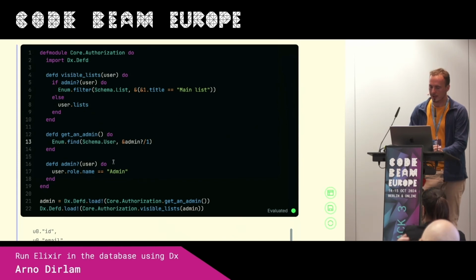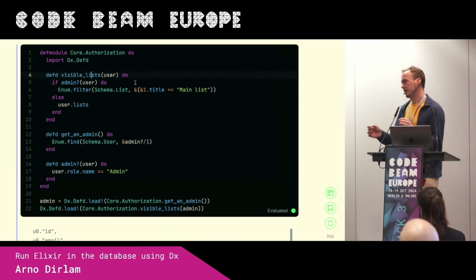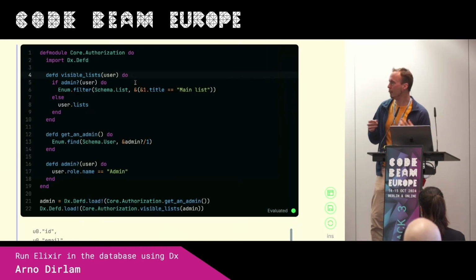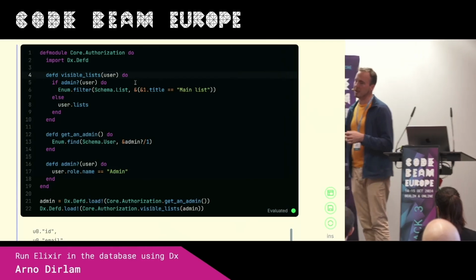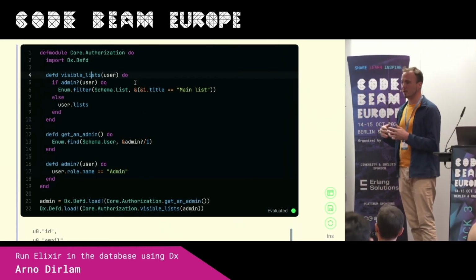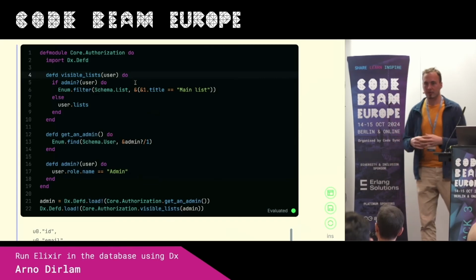What's also nice is that, as I said, queries are batched automatically. So for example, now we wrote code with the user in mind, but we might want to get the visible lists for multiple users, or let's say all of them.